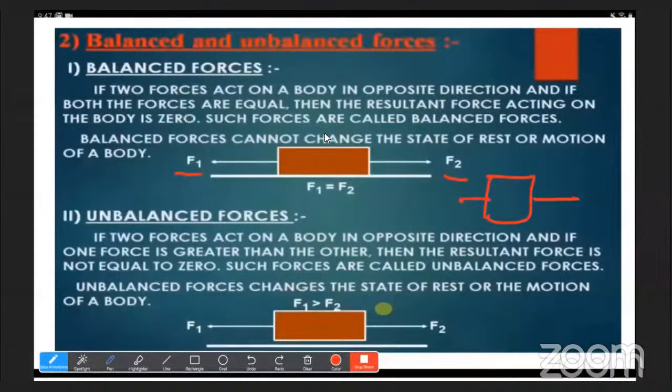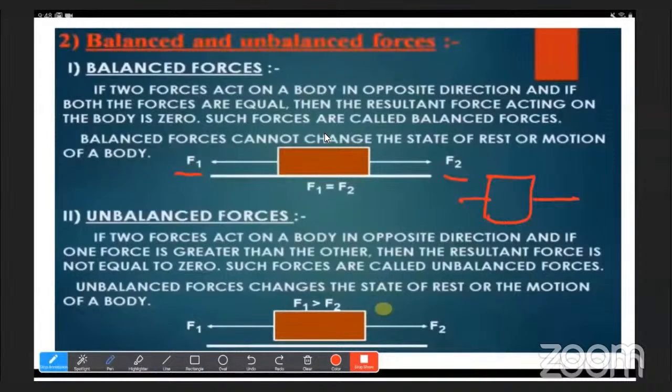That means the object or body cannot move from one place to another place. Right? Here two forces acting in opposite direction and here two forces are equal. So the object is at rest. So we can say that the resultant force acting on the body is 0.